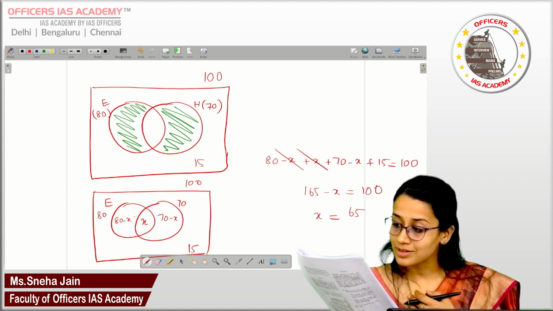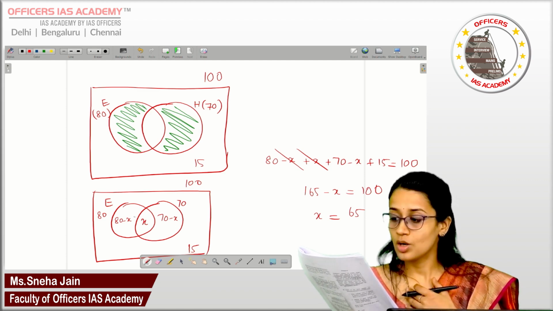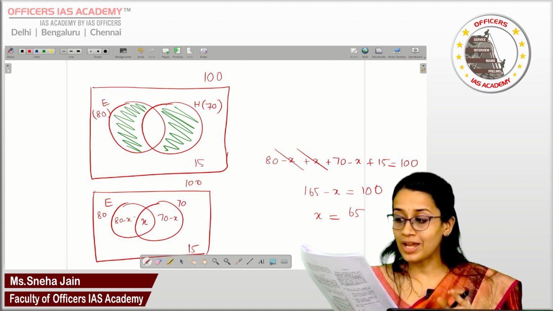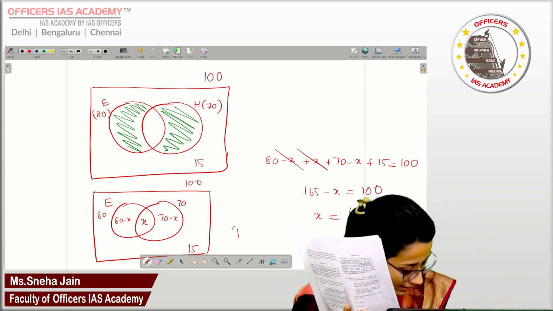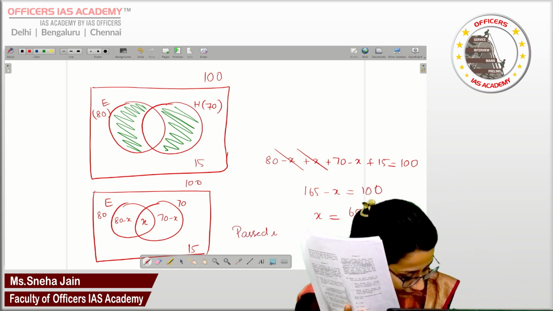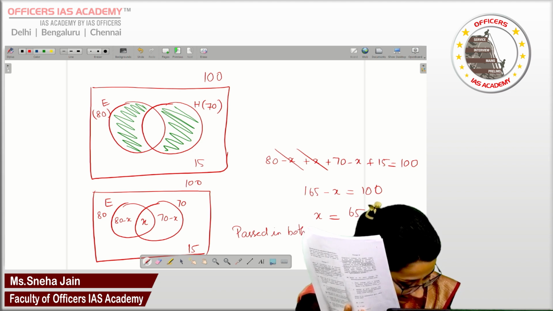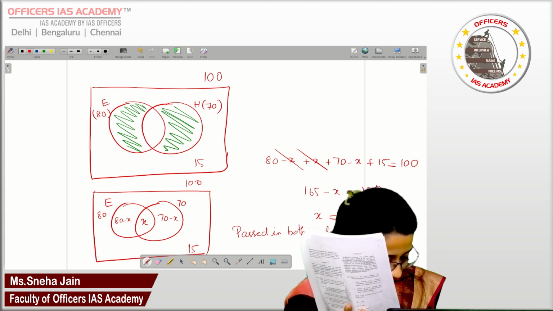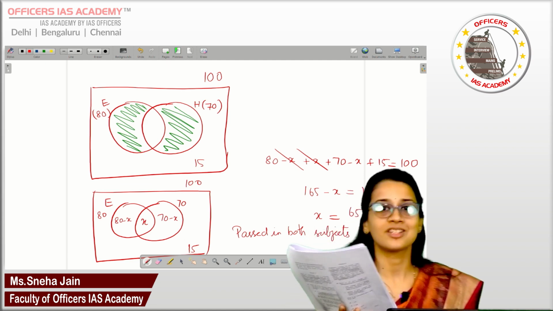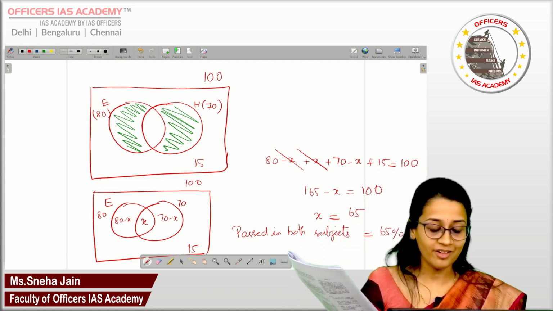What is this X? Percentage of students who have passed in both the subjects. Now what do they want us to know? The percentage who have failed in only one subject. Clear? X is nothing but passed in both subjects. Passed in both subjects are 65%. Is this clear?